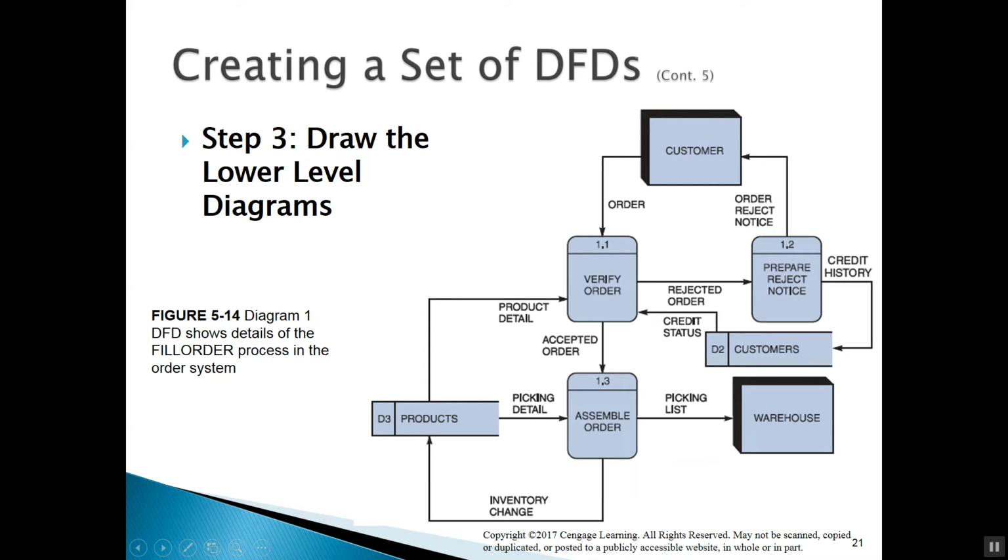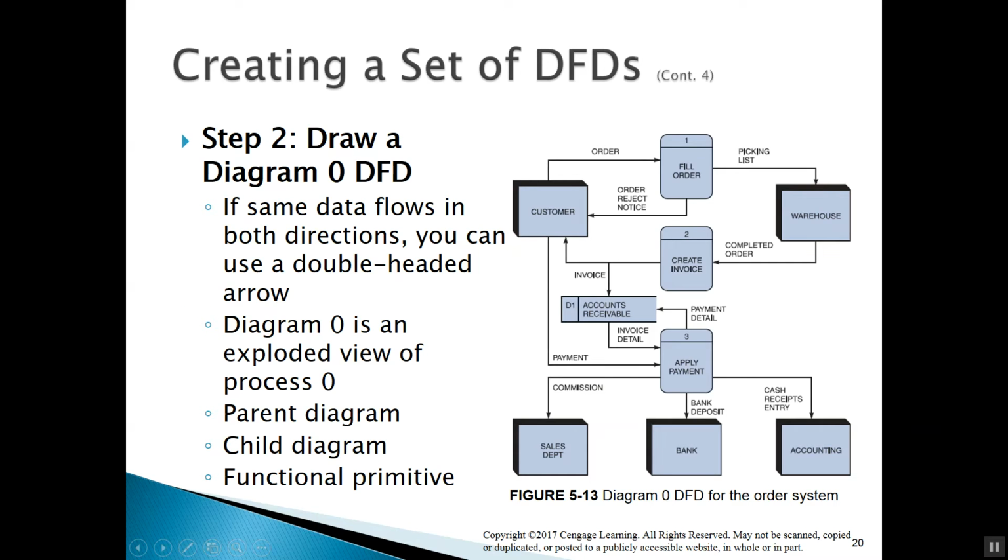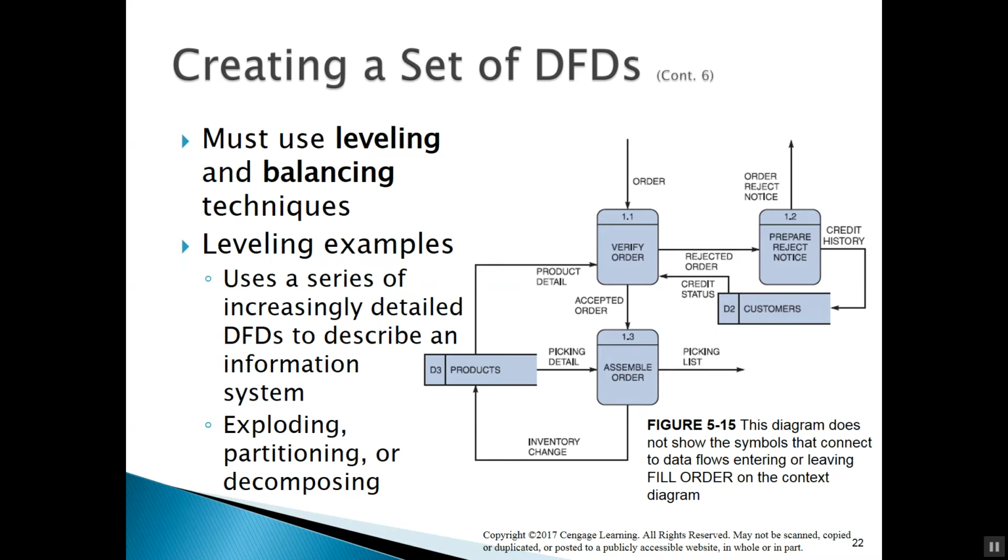There's D2, D3, and these are different segments of potentially the same data flow diagram. We're just breaking it into smaller components. So here's a customer interacting with a certain system in a warehouse, and this one may be the same warehouse interacting with another component of the system. Okay.